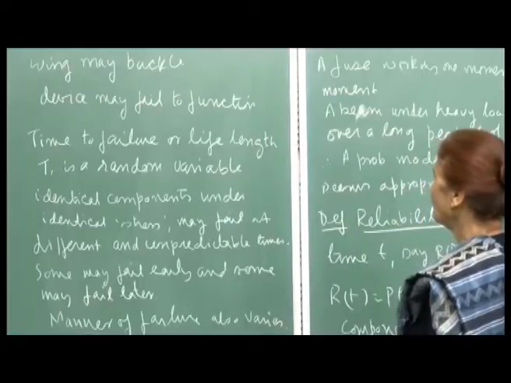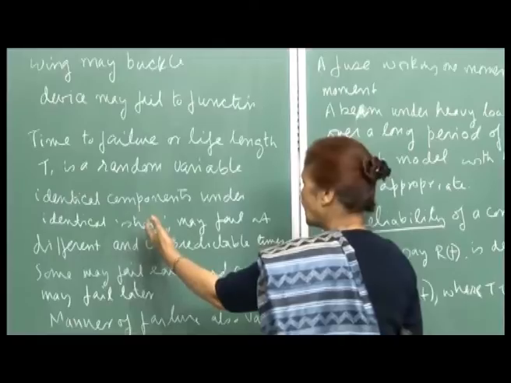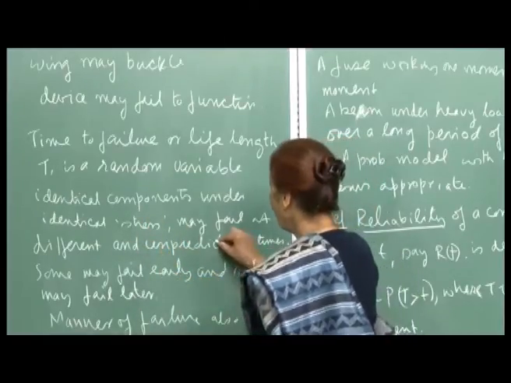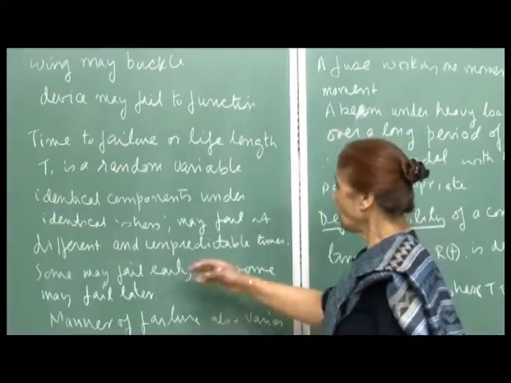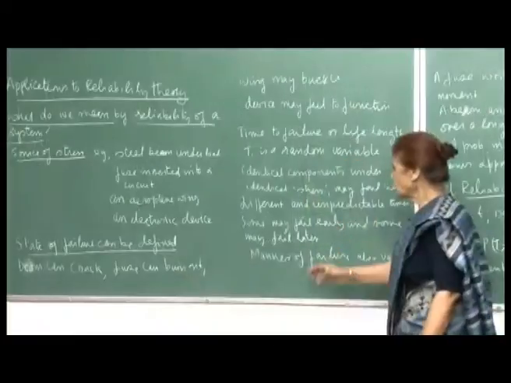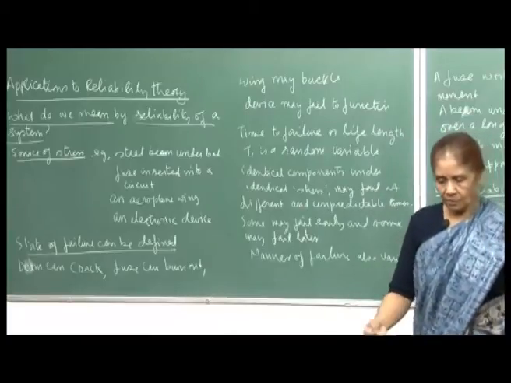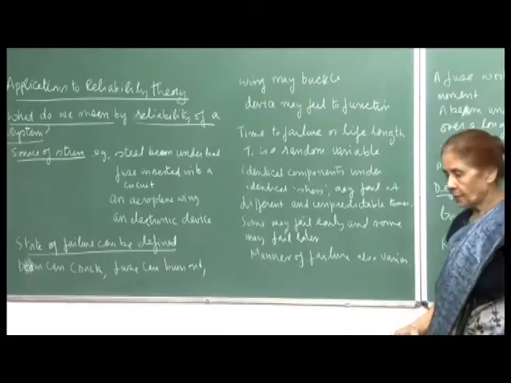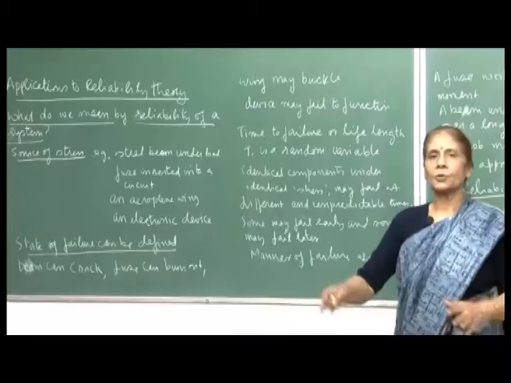Because if you take identical components under identical stress, they may fail at different and unpredictable times. You really have no idea; sometimes a thing just stops working. Some may fail early, some may fail at later stages, and so on. So, whatever systems we have talked about, and many others, you cannot say for sure that this component or this system will work for so long.